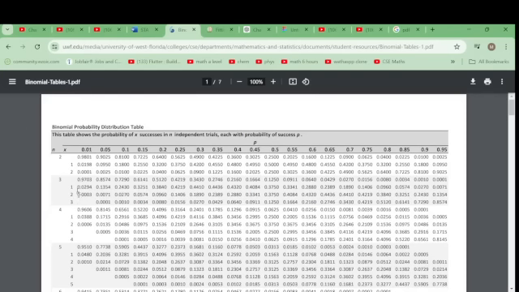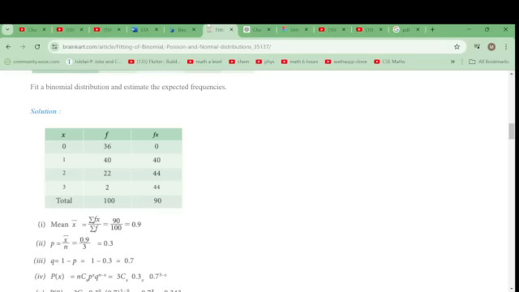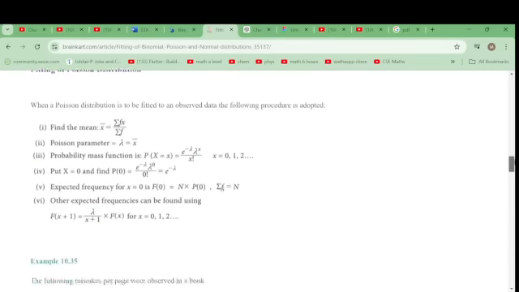When our n equals 3 and our x equals 2, and the probability is 0.3, we get our answer: 0.189 for that x. Let's go see if it is correct.